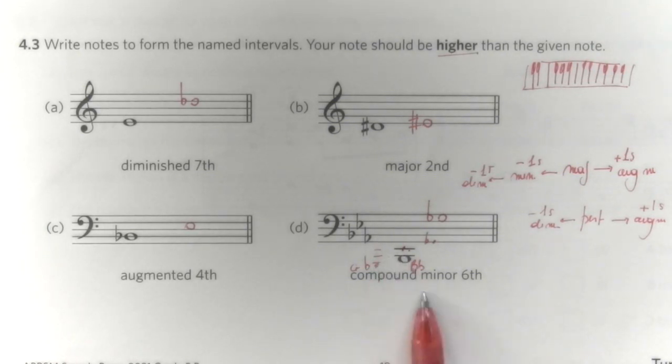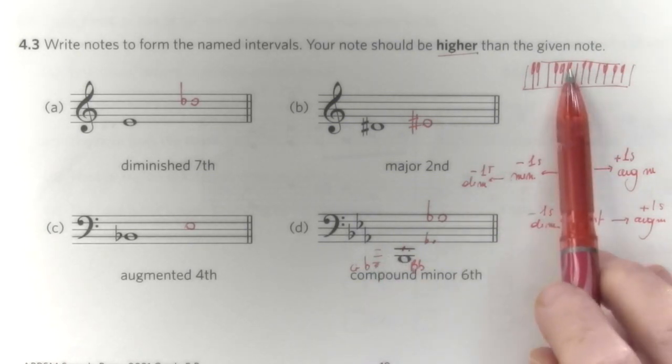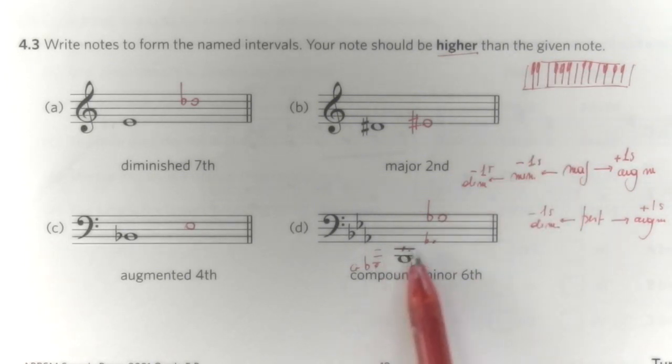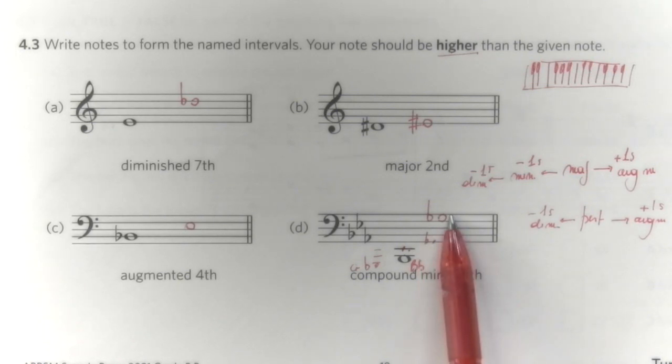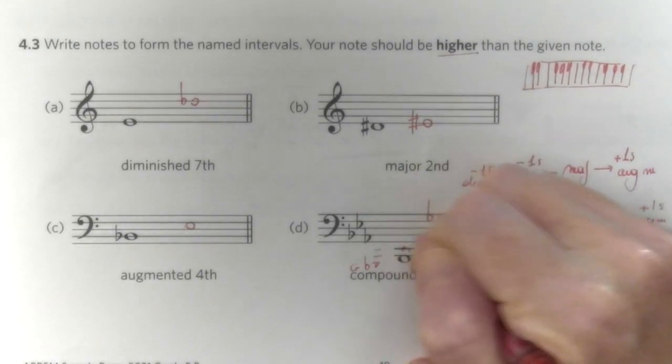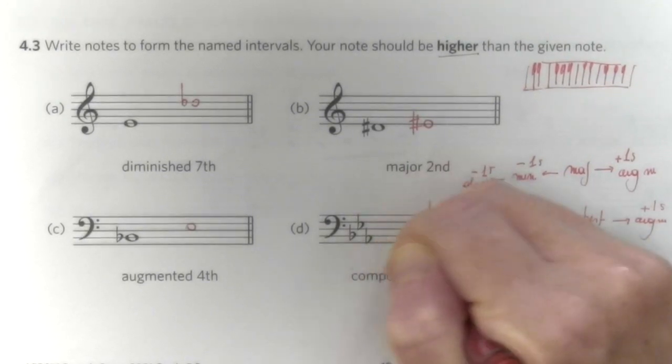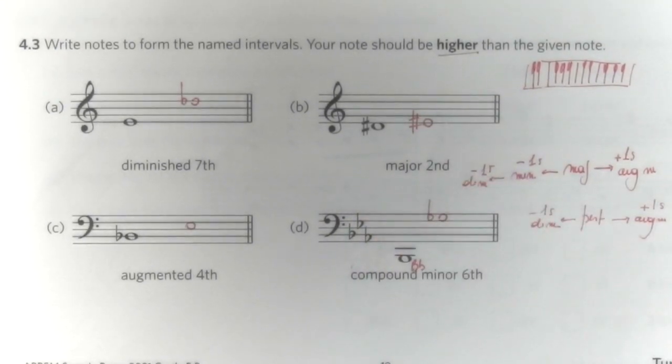We flip it over to find a major third. A major third from B flat is G flat. We flip it over and we find the simple interval. From that, we go up by an octave and we find the compound version of it. This is the final answer.